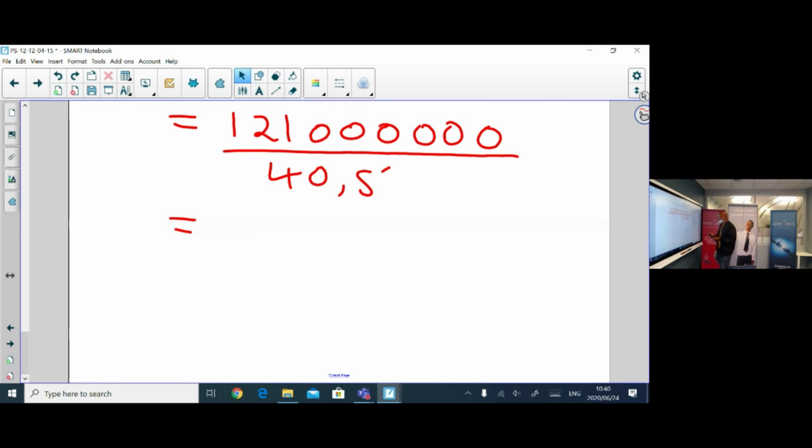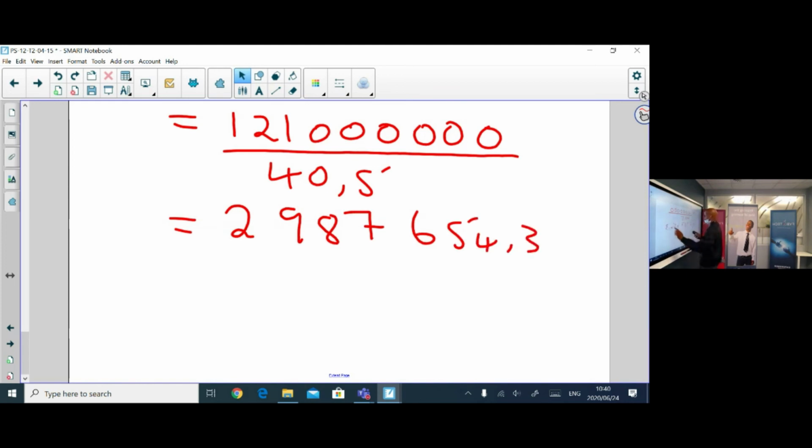What we are going to get there is 2, let me write it as it is so that you can see what I'm doing, 54.3.